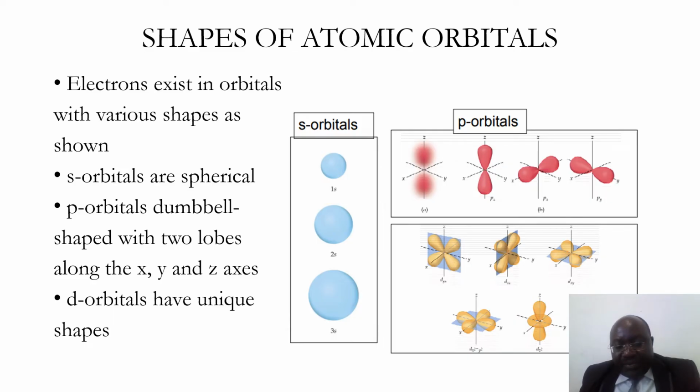And if electrons will be expected in a plane that pays respect to one or two axes, then we are going to have these planes referred to as dxy, dyz, dxz, dx squared minus y squared, and so on. Those are d orbitals.